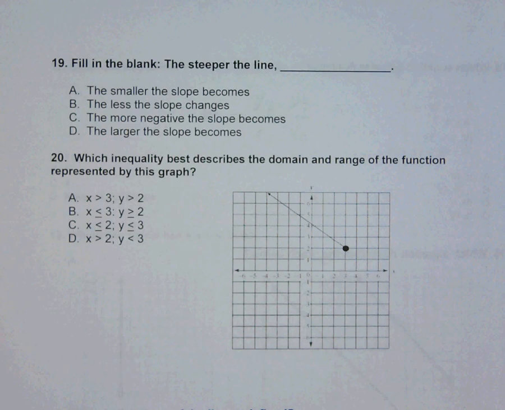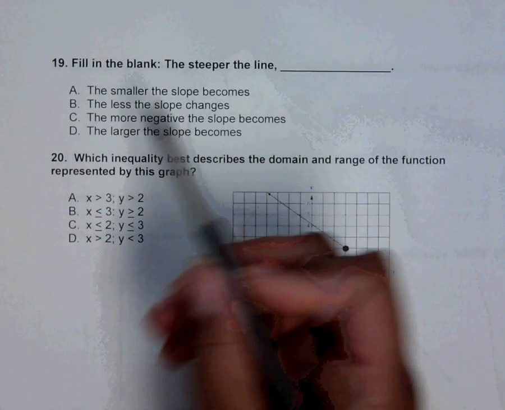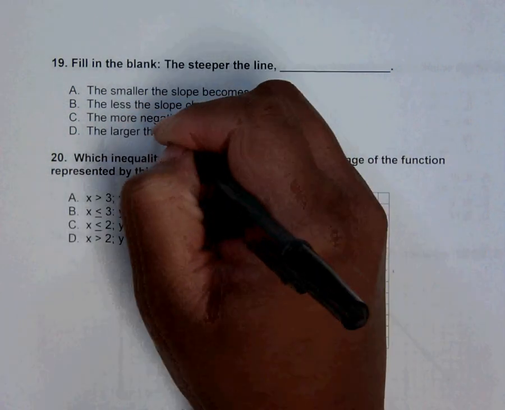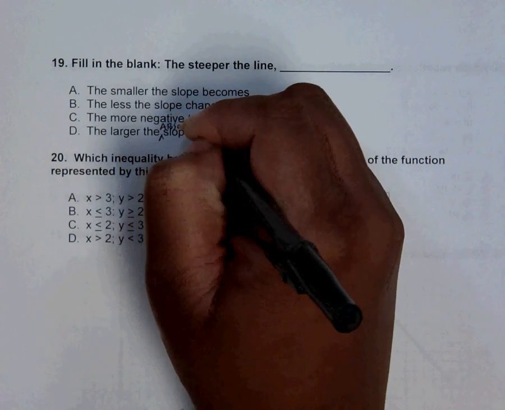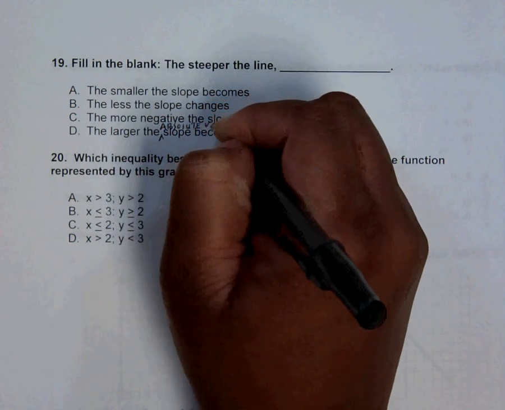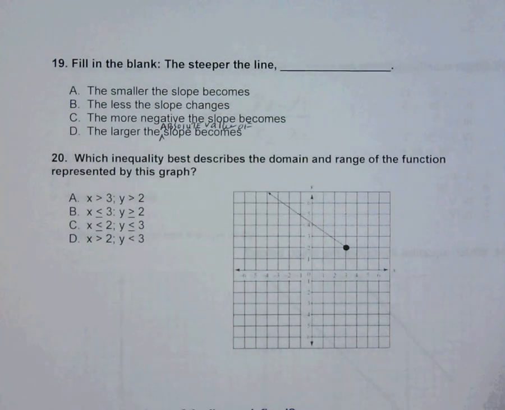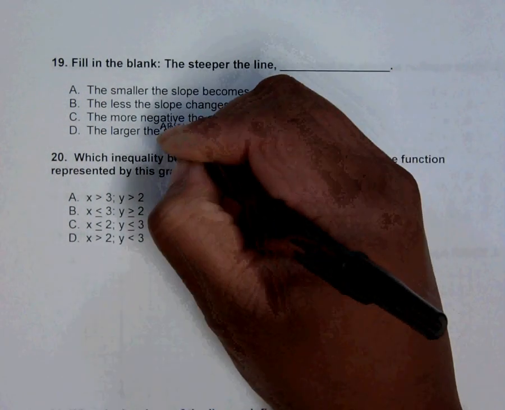So, one thing that needs to be added in the answer choices on D is the larger the absolute value of the slope becomes, the steeper the line. So I needed to add that in there. That wasn't on there. My mistake, I apologize.